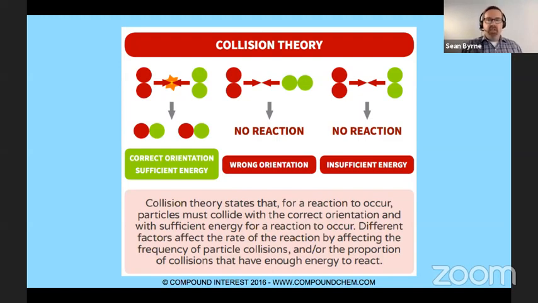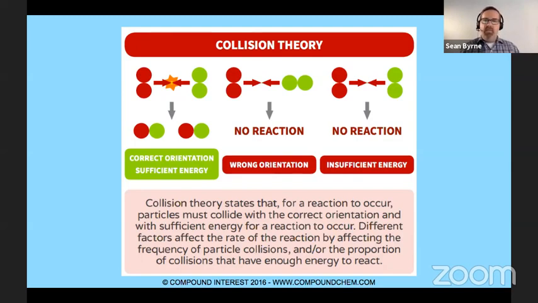Now, a fundamental principle here is that especially if we have gases, but even if these are solutions that are reacting with one another, the number of collisions, even at a low temperature, is astronomically large. When we increase temperature, there are more collisions, but there are on the order of 10 to the 20 collisions that are going to happen in any one reaction.